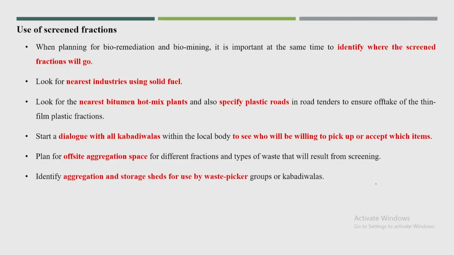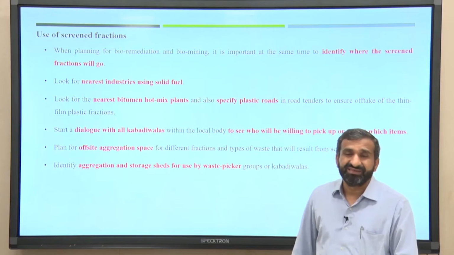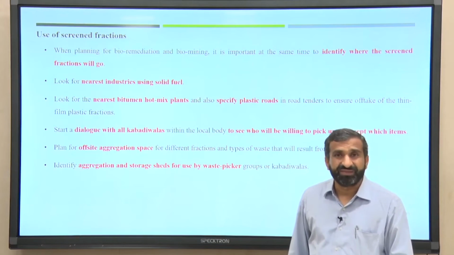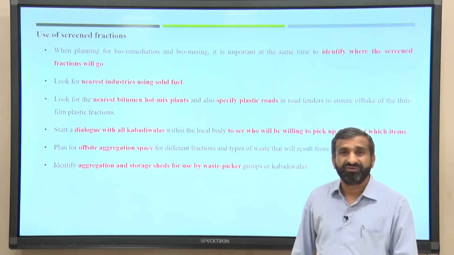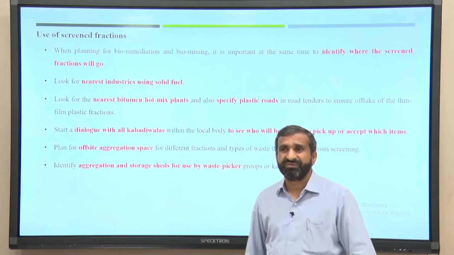Identify aggregation and storage sheds for use by waste picker groups or kabadiwalas, because when any kabadiwala accepts that material, they can again segregate and screen it, by putting in a lot of manpower, because they have a lot of rag pickers working with them. So for them I think it is good.